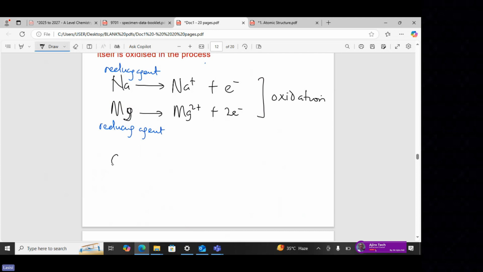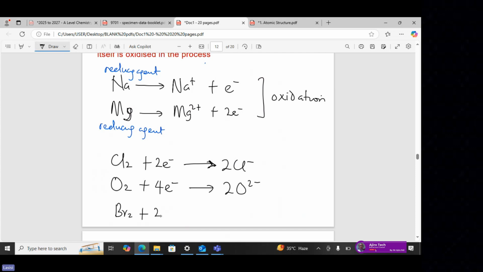Let's go: Cl2 plus 2e- gives 2Cl-. Each of them became -1. Then O2 plus 4 electrons gives 2O2-. Is that okay? Br2 plus 2e- gives 2Br-. This is electron gain.